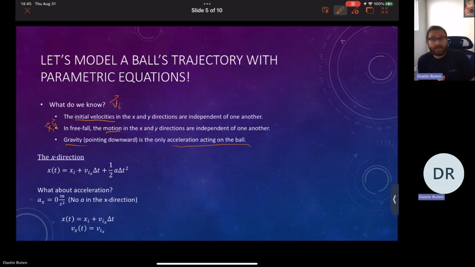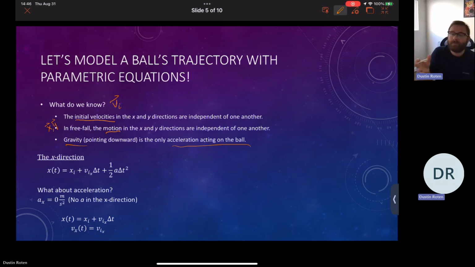All right, so let's think about the x direction of any ball that we're trying to model. This is pretty much the setup for any motion in one dimension. In this case, we're talking about the x direction, or the horizontal. This is always pretty much the case for motion in a spatial dimension. We have position, we have velocity, and we have acceleration to deal with.